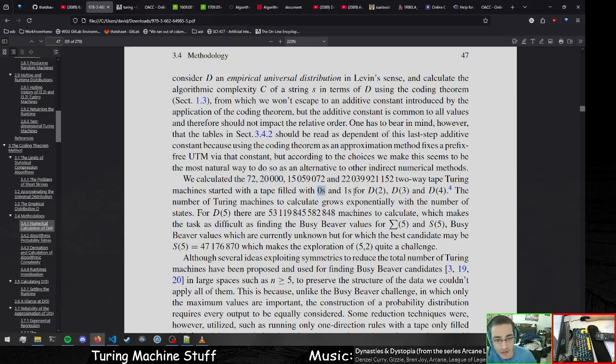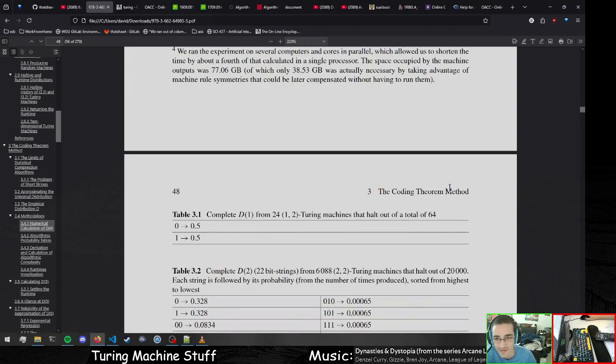Ah, they fill it with zeros and ones. Why did they do that? Come on. So they did. That's why there's half of them. They fill it with zeros and ones. Why did they do that?